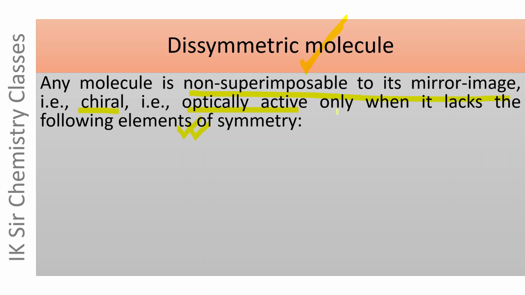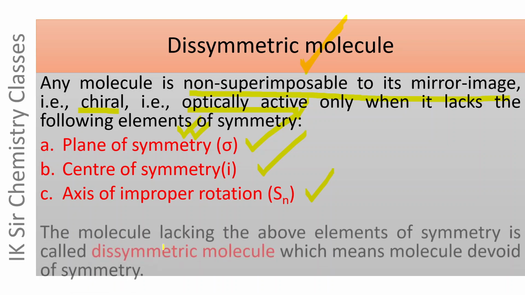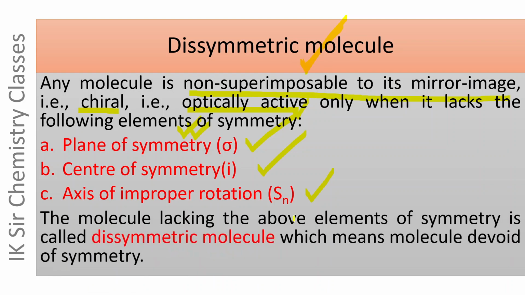It is chiral and optically active, and these elements of symmetry which should not be present in a dissymmetric molecule are plane of symmetry, center of symmetry and axis of improper rotation. The molecule lacking the above elements of symmetry is called a dissymmetric molecule.